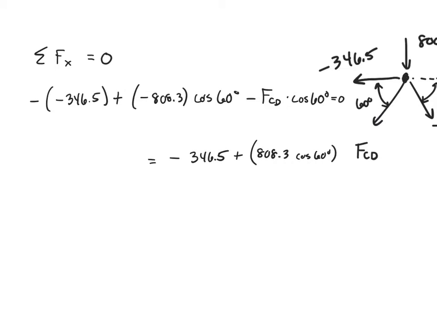And then that's going to leave me with negative FCD cos 60 on the left-hand side. So I'm just moving all my constants over to the right-hand side. I then divide by negative cosine 60 to get FCD by itself.